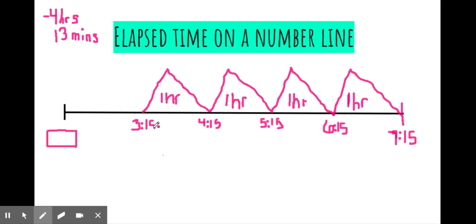All right, now that we've subtracted all of our hours, we need to subtract the minutes. Now, hills are in 5, 10, 15, 20, or 30-minute increments. We only need one hill because we're only going to subtract 10 minutes. We have 13.